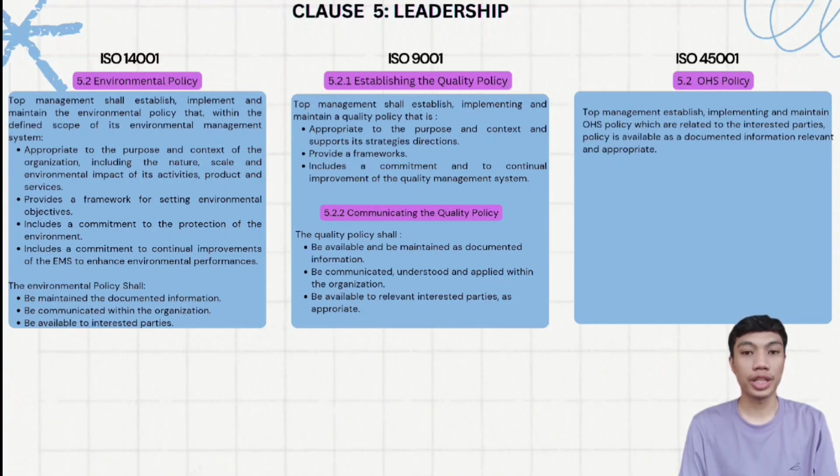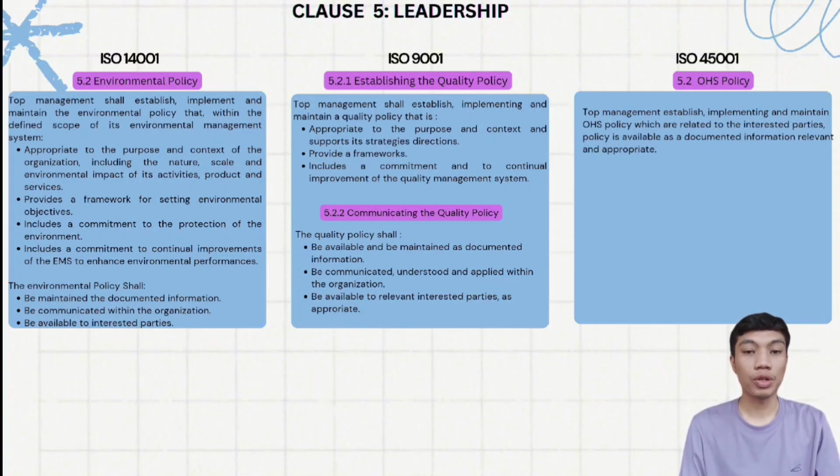Provide a framework for setting environmental objectives. Includes a commitment to the protection of the environment. Includes a commitment to continual improvement of the EMS to enhance environmental performance. The environmental policy shall be maintained as documented information, be communicated within the organization, and be available to interested parties.